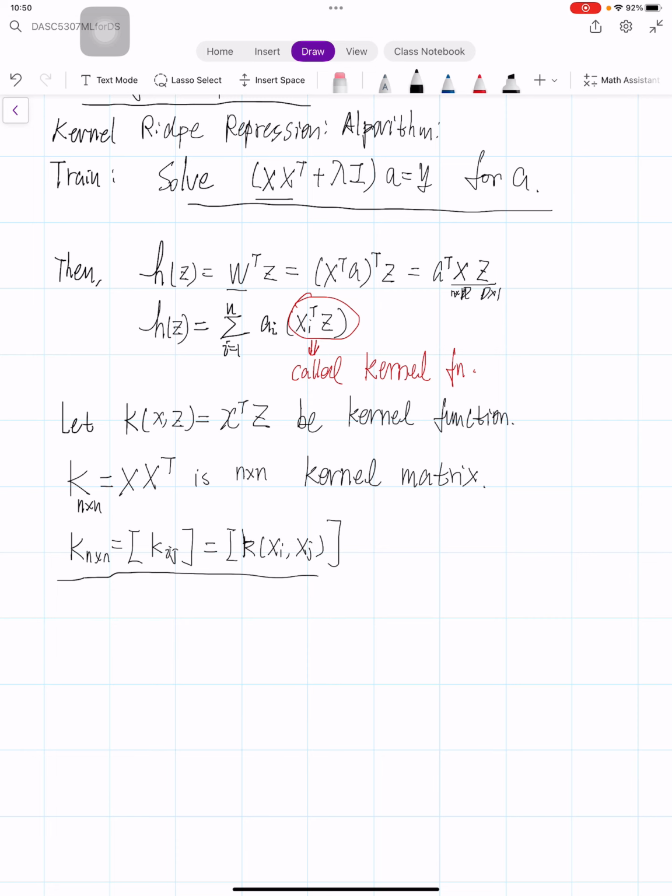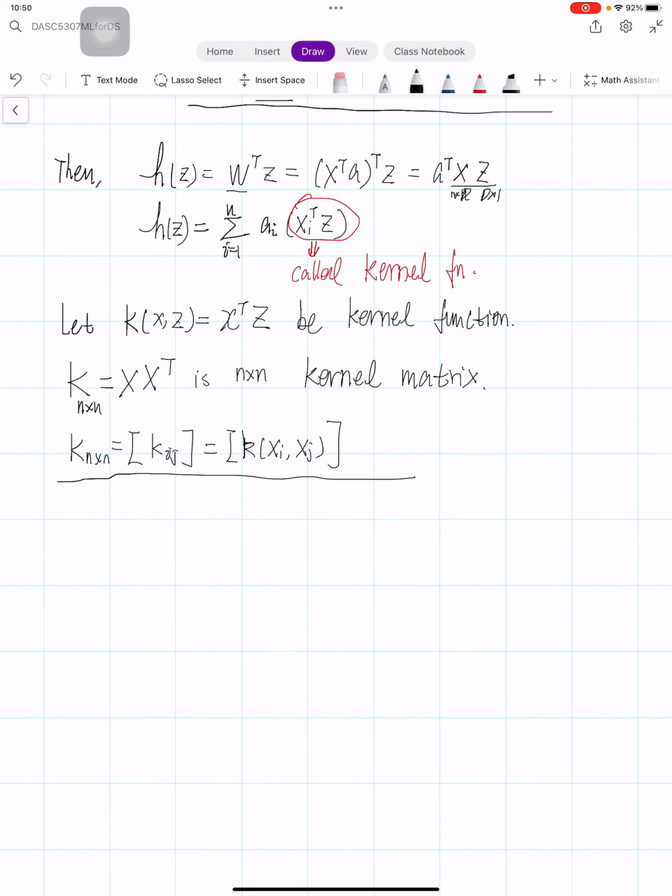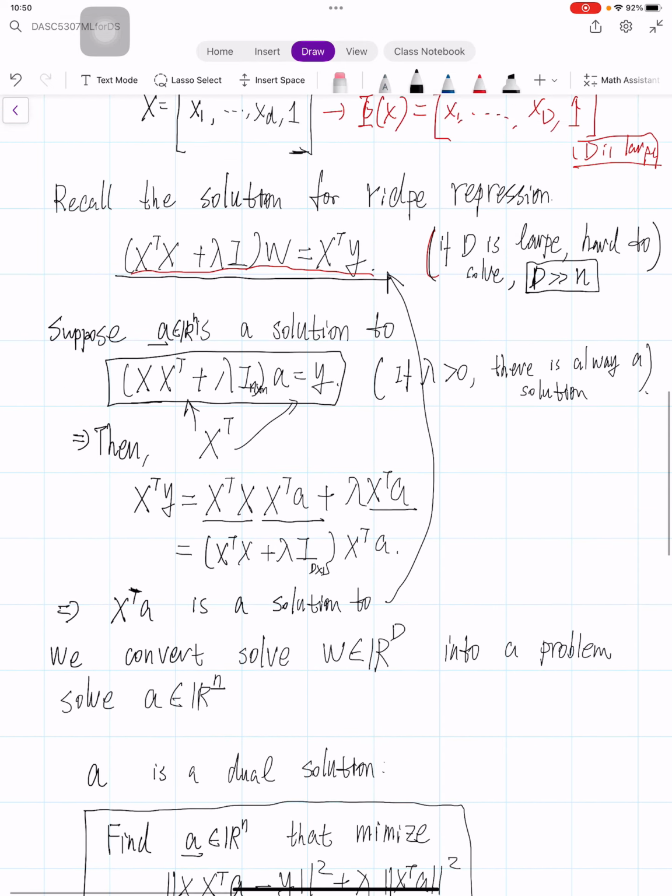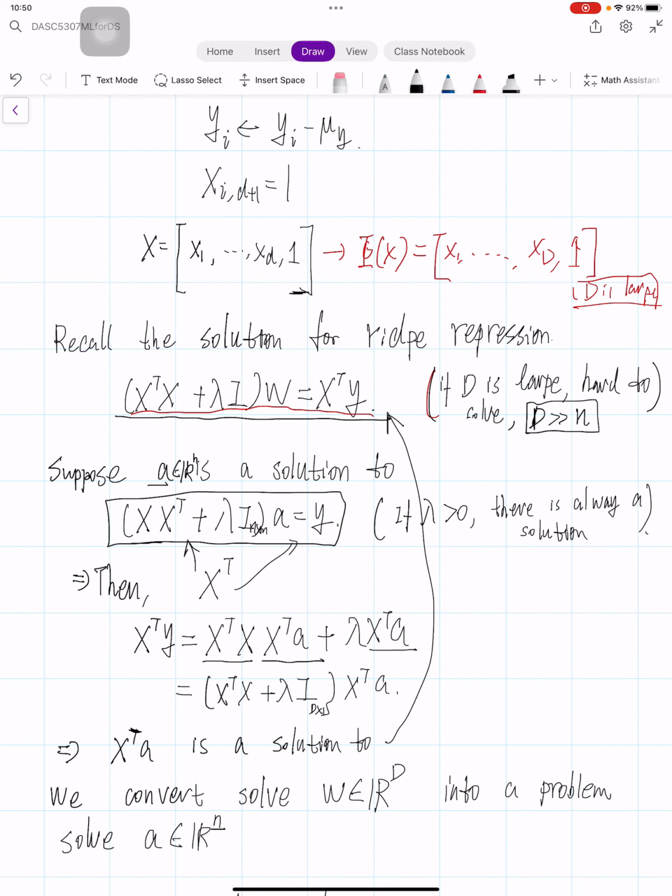So let's summarize the kernel ridge regression algorithm. Instead of original ridge regression, if we transform to get more features, we need to solve this huge matrix.